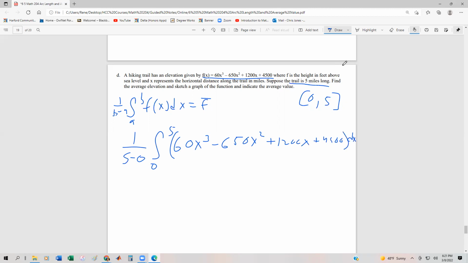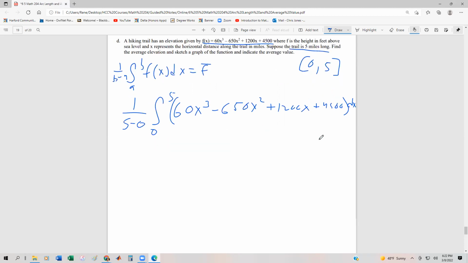And so now we're just going to integrate term by term. Pretty easy to do this. If we do that, we get 1/5 of the integral. This is going to be 60 over 4 x to the 4th, minus 650 over 3 x cubed, and then plus 1200 over 2 x squared plus 4500x, and that's going to go from 0 to 5.